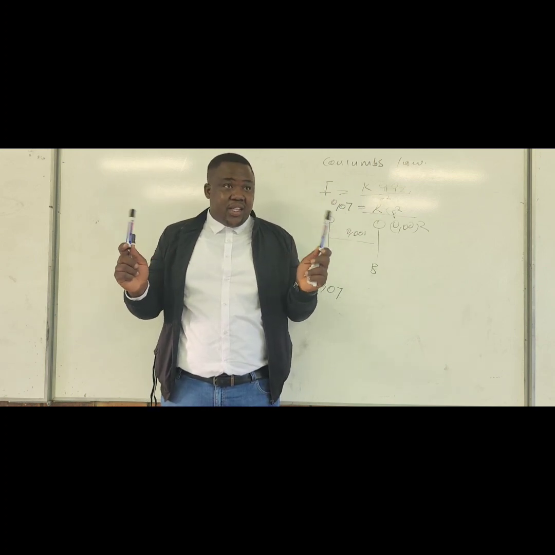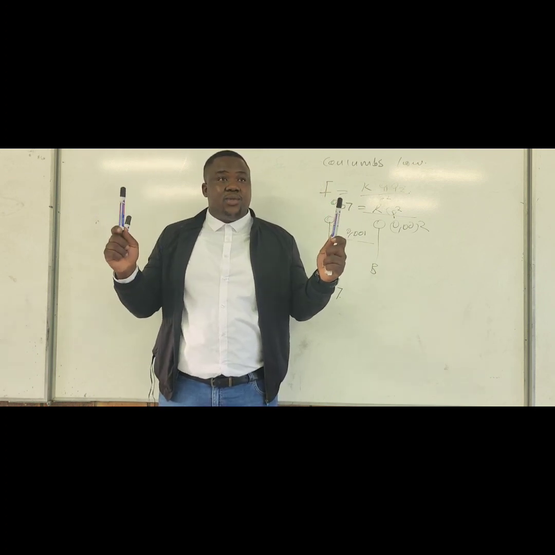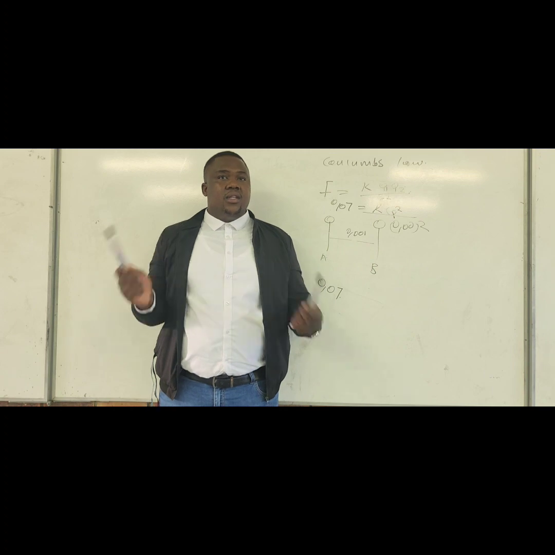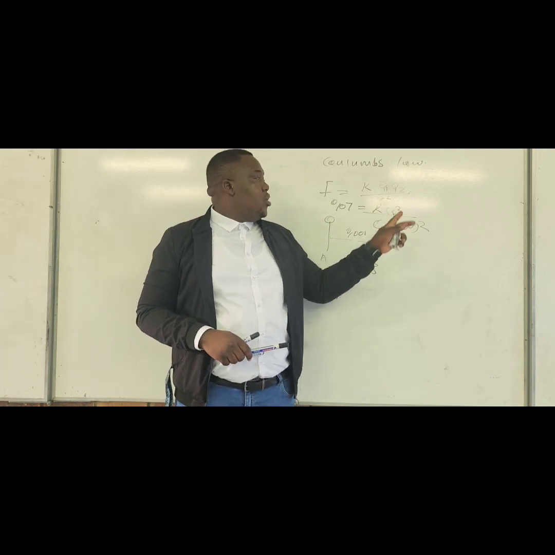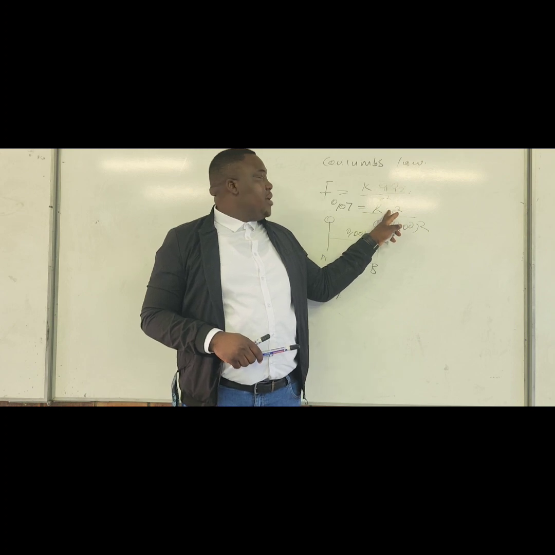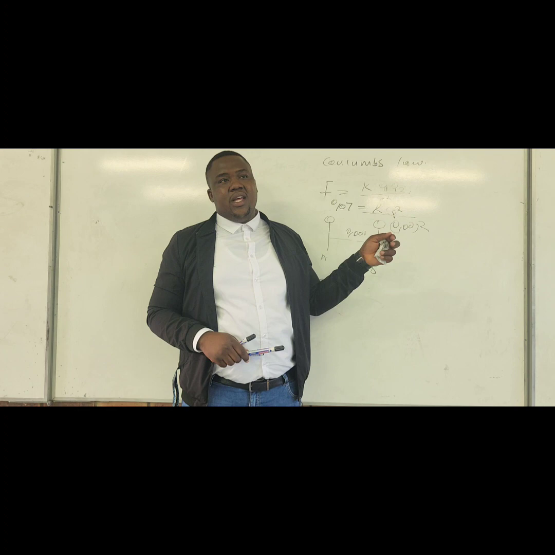I'm sorry, not X and Y, X and X, because they are the same. X multiplied by X will give us X squared. Then you work it out until you get Q squared. So the common mistake that you make, you guys write 2Q, which is wrong. You understand?